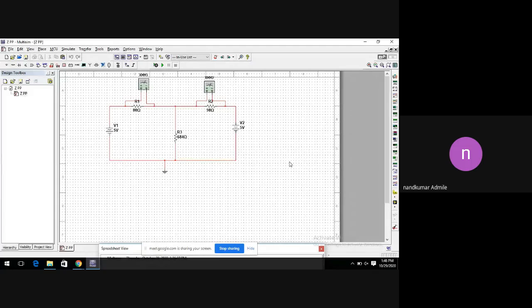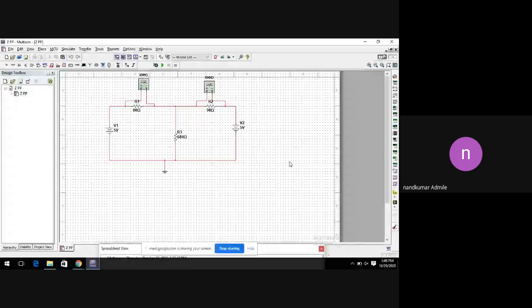Okay, and the current I1 and I2. So we require the four values V1, V2, I1 and I2. Here we can consider the two voltage sources, V1 as 5 volt and V2 as 5 volt.